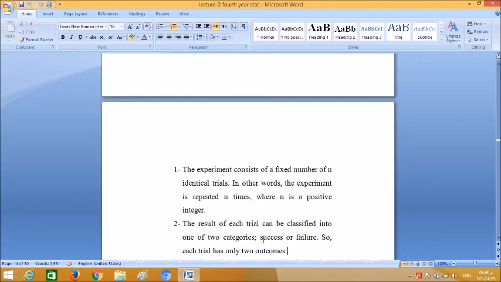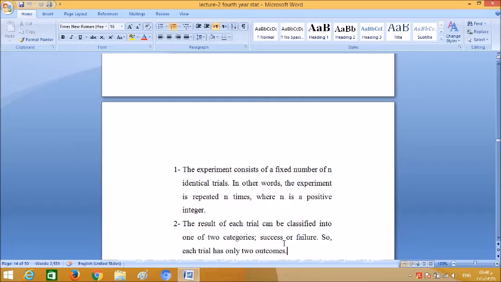So each trial has only two outcomes. So the first condition is n trials. The second is every trial gives two outcomes.